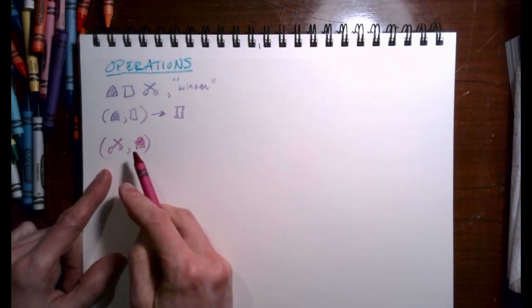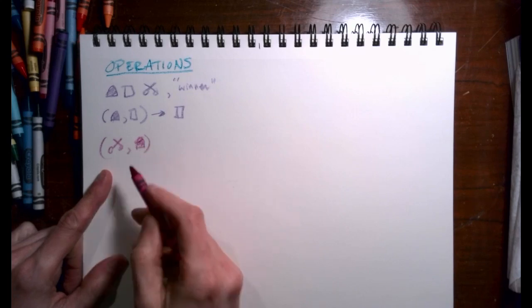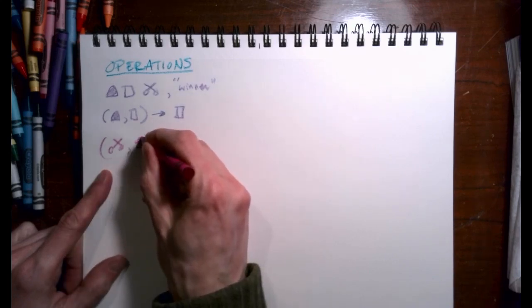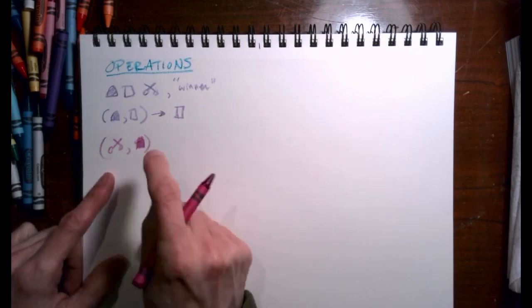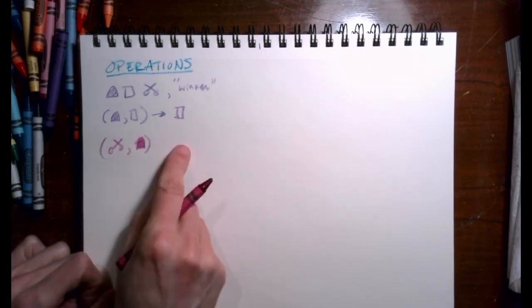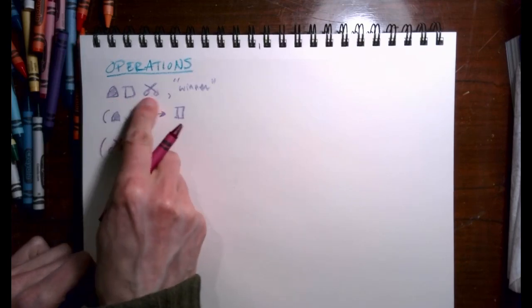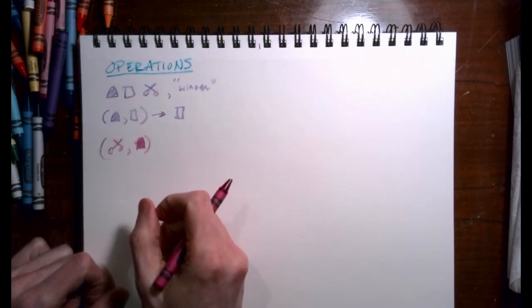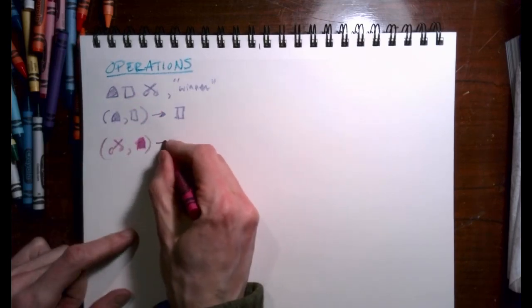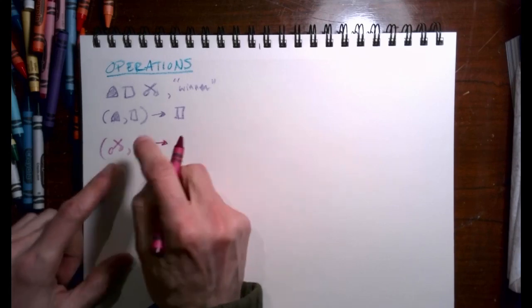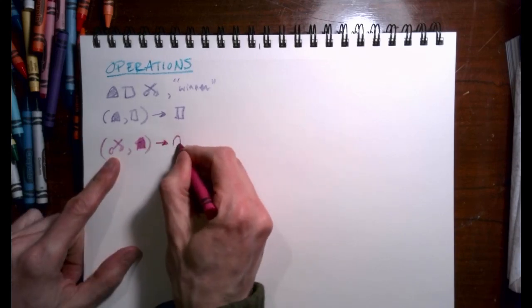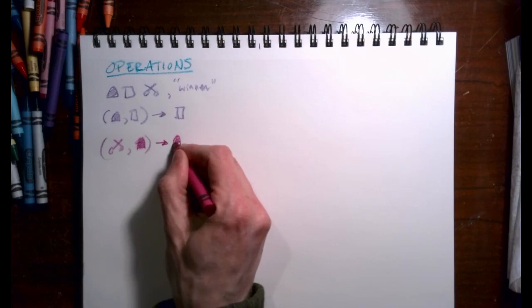Then this can't be an operation, because in order to be an operation, there has to be a defined result, or thing that the pair maps onto, for every single pair in the set. Otherwise, it's not an operation. In this case, it is rock and scissors. We get rock. Okay.